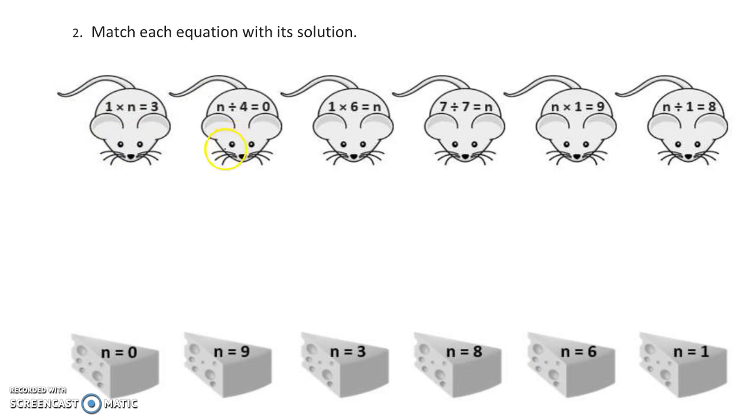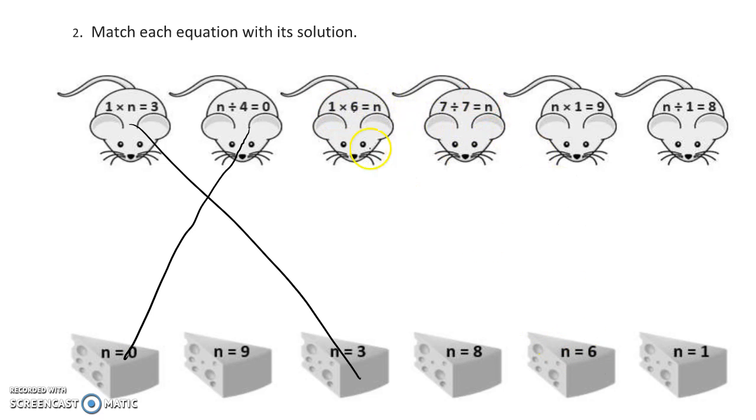So 1 times what is 3? Well, 1 times 3 has to give me 3. What divided by 4 is 0? I love 0. 0's the hero. So to get nothing, I have to start with nothing. 1 times 6. Well, any number times 1 gives us that number.